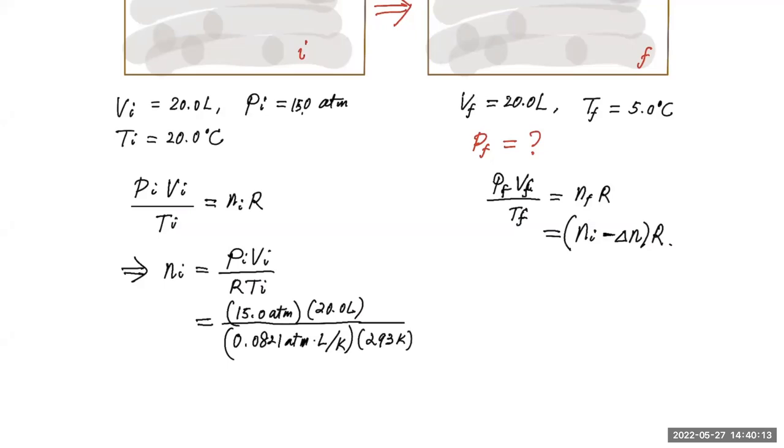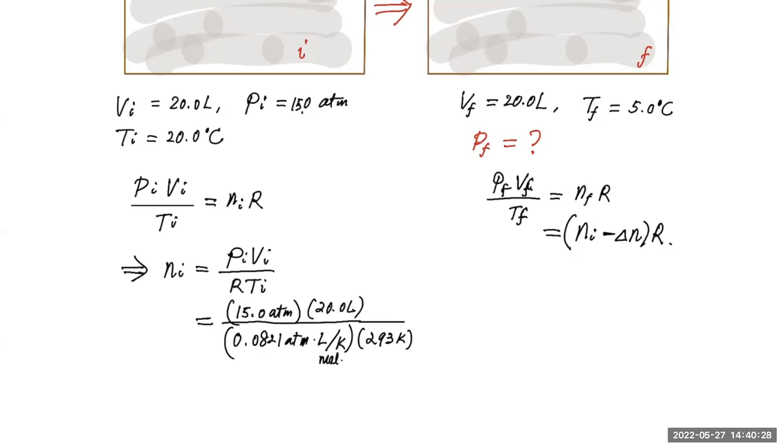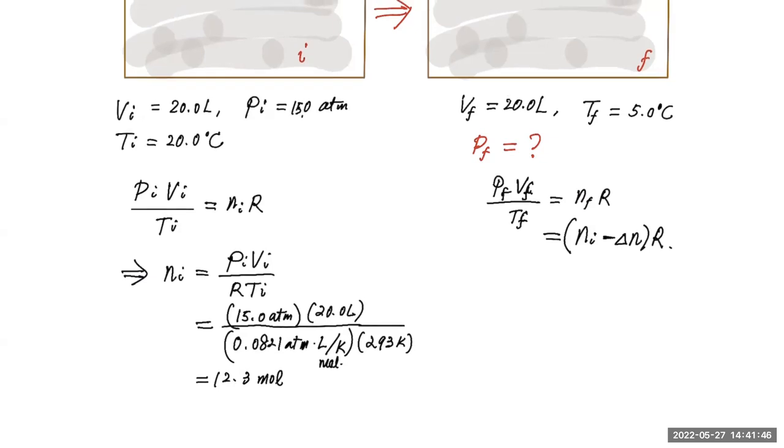So Kelvin and Kelvin cancel, liter and liter cancel, ATM cancels, and because there's a mole in the denominator in R, that gives you N initial in moles. You plug in the numbers, and the answer would be 12.3 moles. That's the number of moles of oxygen before you lose 100 grams.